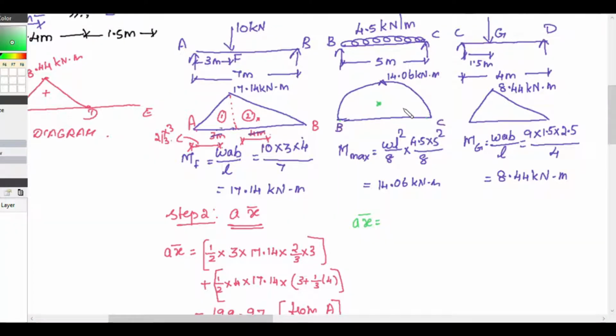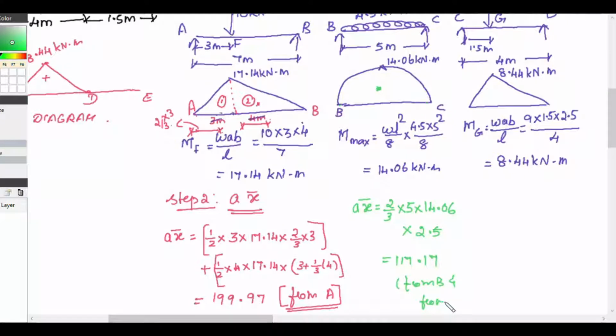That value will be 2 by 3 area of the parabola, 2 by 3 into the base 5 into height 14.06 multiplied by X bar from B and from C, the same value, that is 5 by 2, so we get 2.5. So we get the value as 117.17. So this is from B and from C we have the same value.